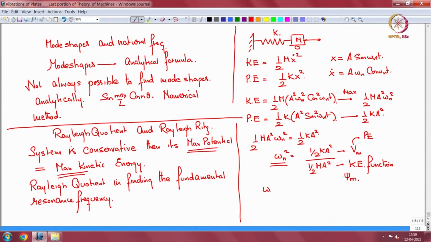So omega n square is equal to Vm by psi m, and this is called the Rayleigh quotient. The Rayleigh quotient gives the estimate of the fundamental frequency of the system.